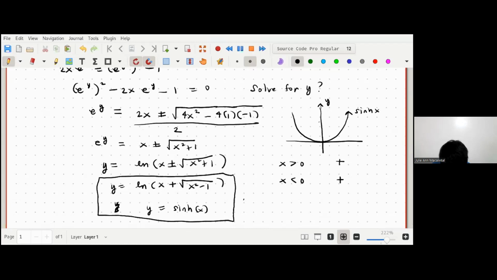Tapos, hyperbolic sine. Tapos, pa-share ng screen. So, graph both. Teka, screenshot ko lang to para makuha mo rin. So, graph both.